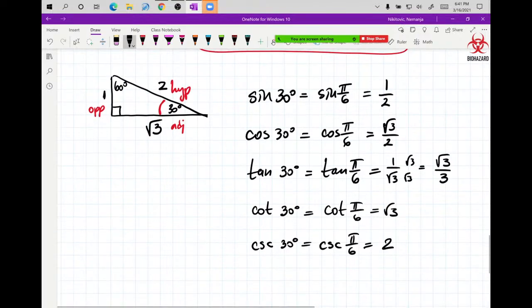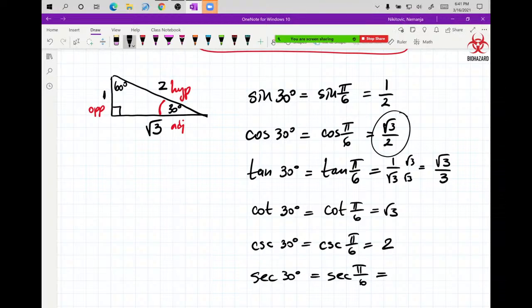And finally, I have secant of 30 degrees, which is secant of pi over 6. And that's going to be the flip of this one, which is 2 over root 3. And then we rationalize to get 2 root 3 over 3. So here are your values for this one.